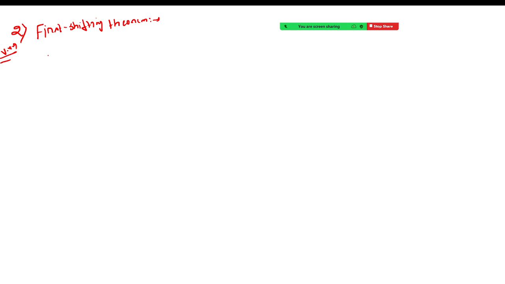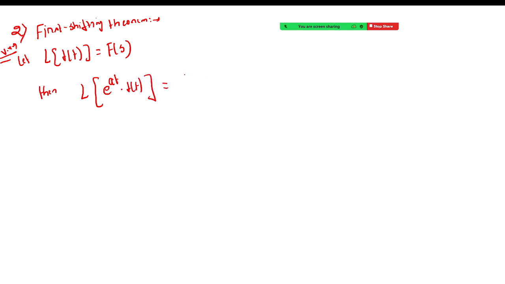What the first shifting theorem says is, if Laplace transform of f(t) is equal to F(s), right? Then Laplace transform of e to the power at into f(t), right? That is equal to F(s minus a) directly.